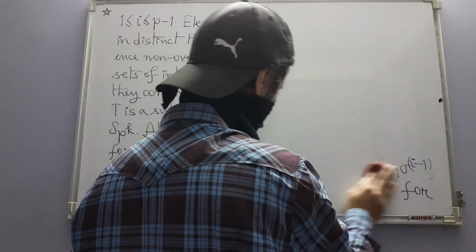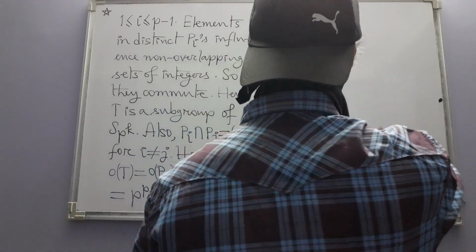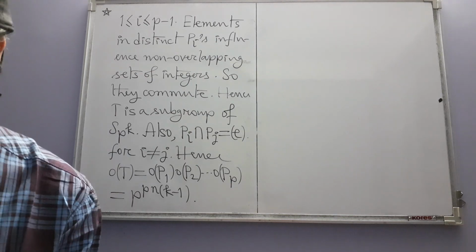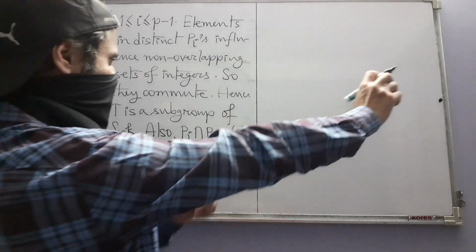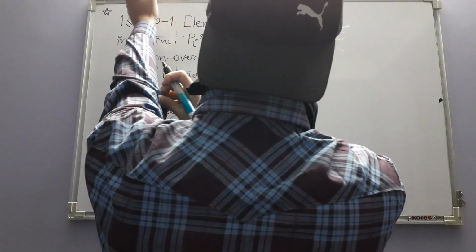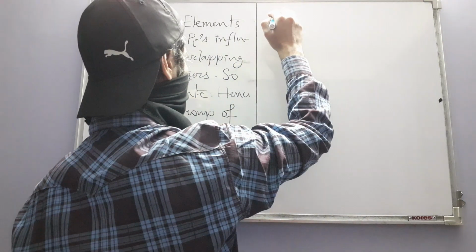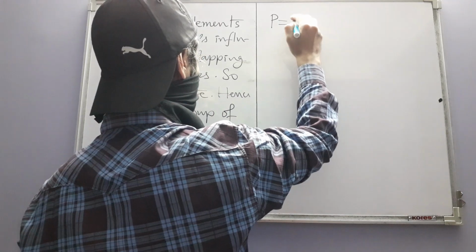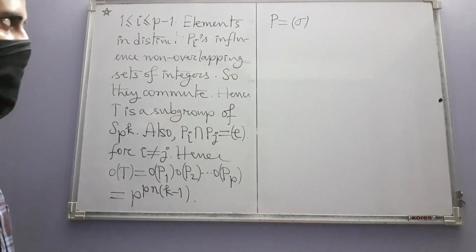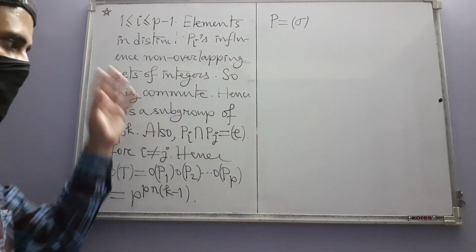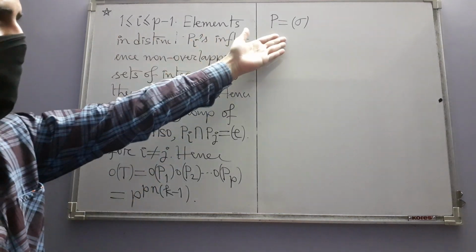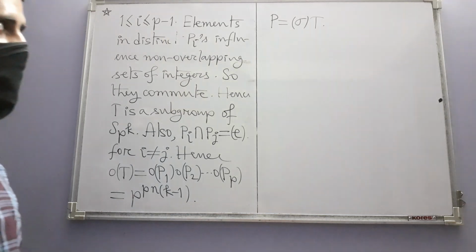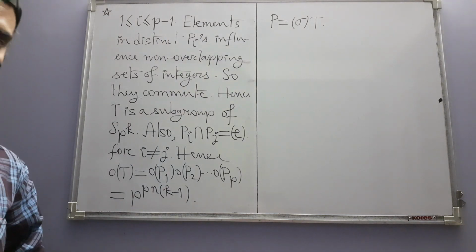The proof is fairly complicated, I must admit. So the thing we have to now consider is this. P, which is the product of the cyclic subgroup generated by our original sigma and T. Is it a subgroup?